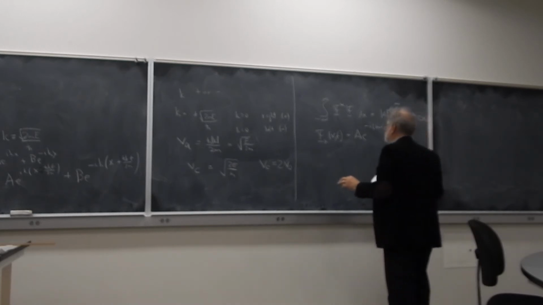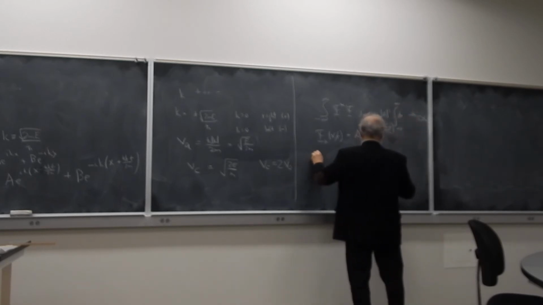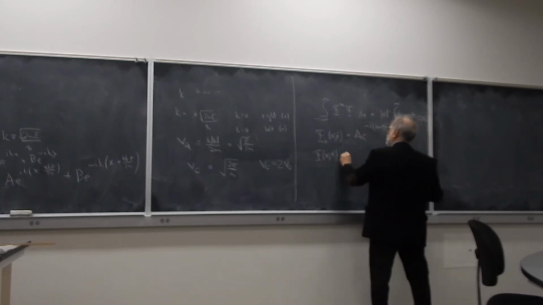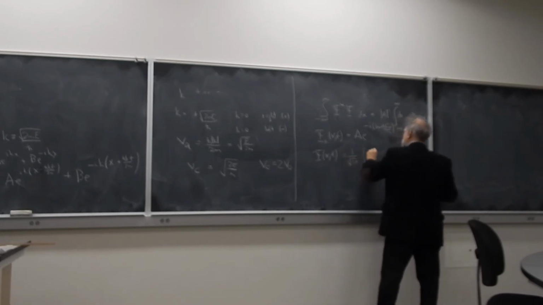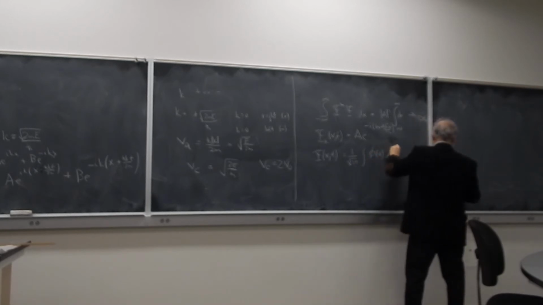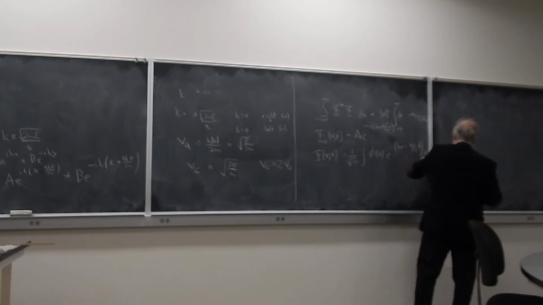If I want to look at this in the x frame, however, I can write this as 1 over the square root of 2 pi, integral phi of k e to the i(kx minus h bar k squared over 2m times t) dk.